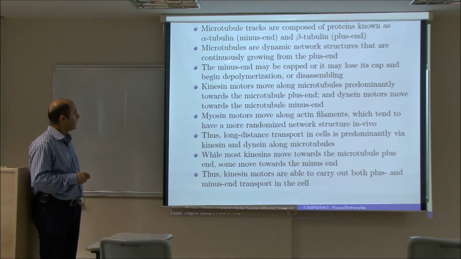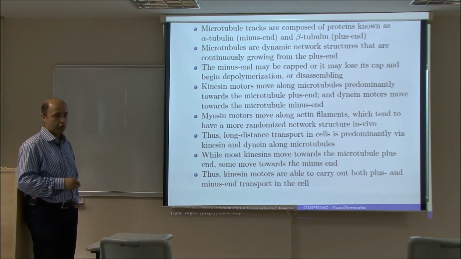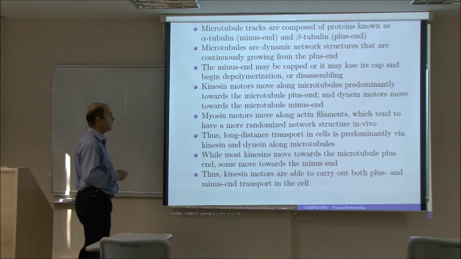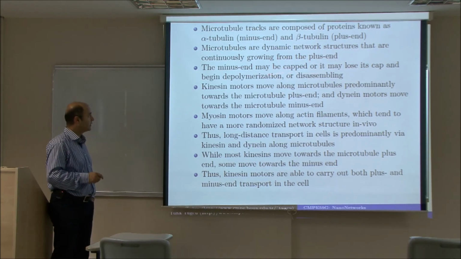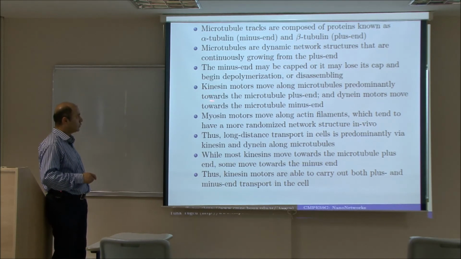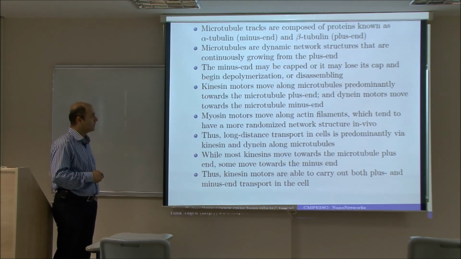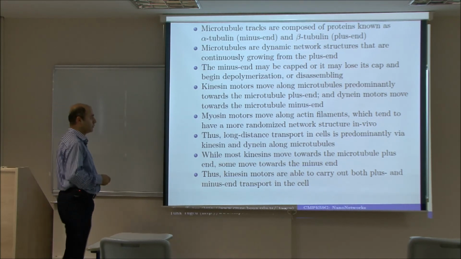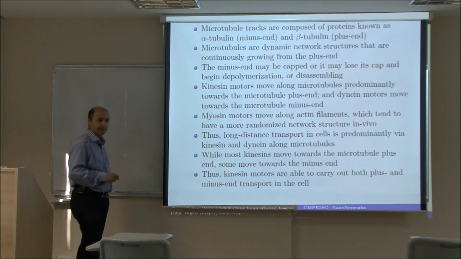The minus end may be capped or it may lose its cap, and it may begin depolymerization or disassembling, whereas the kinesin motors move along the microtubules predominantly towards the microtubule plus end, and the dynein motors move towards the microtubule minus end.